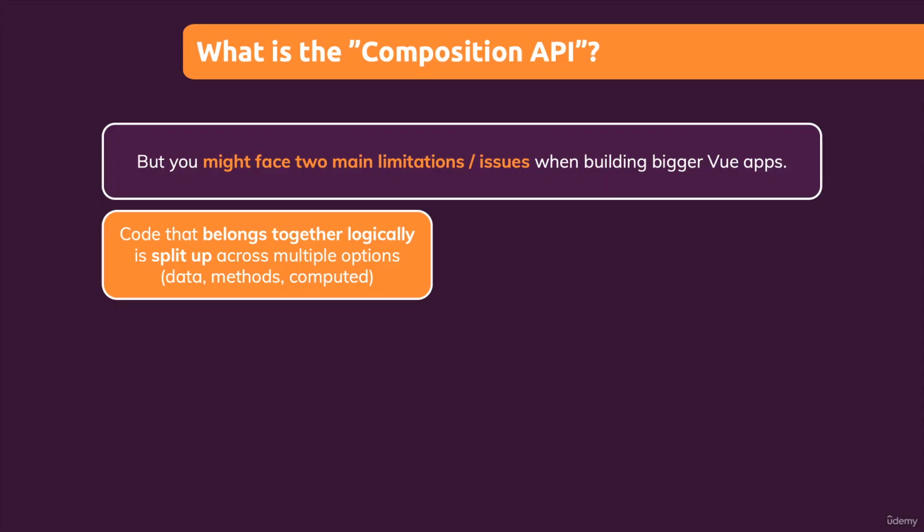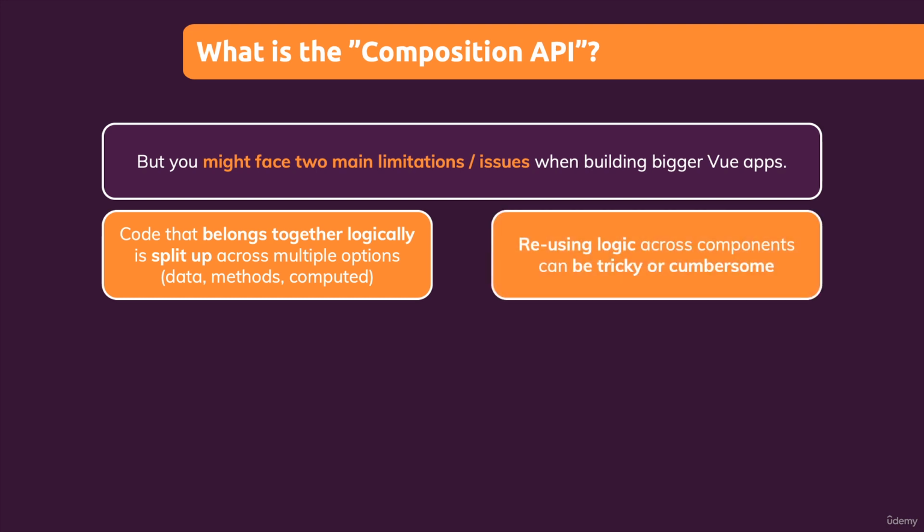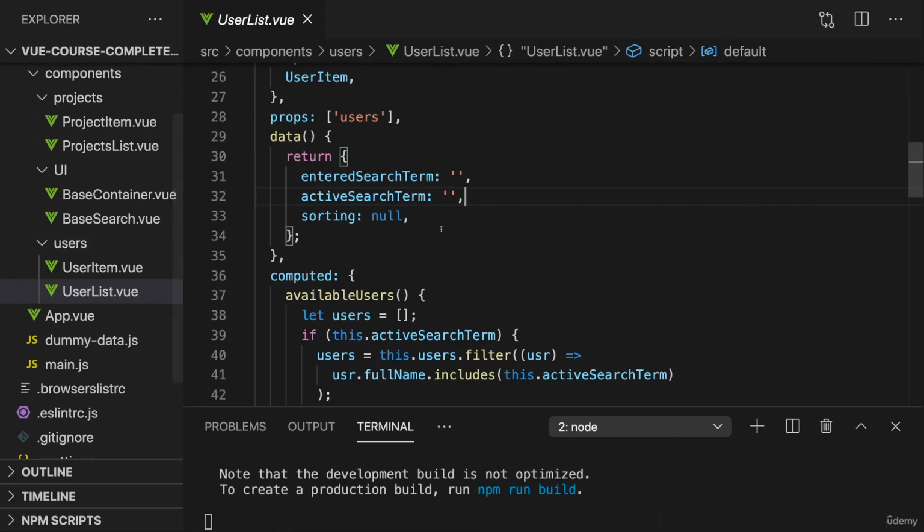But that's not the only issue we could be facing with the current way of building Vue apps. In addition to the problem I just described, reusing logic across components can also be tricky or cumbersome. Now, I will say there are ways of reusing logic, but they all have their downsides and might not be ideal.